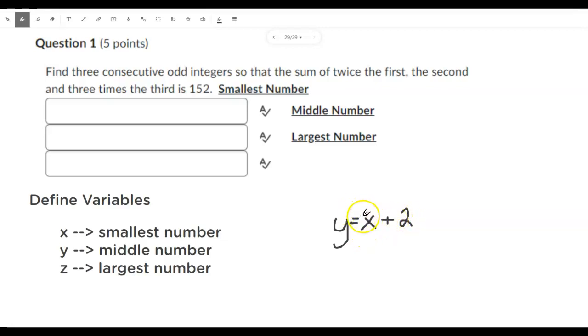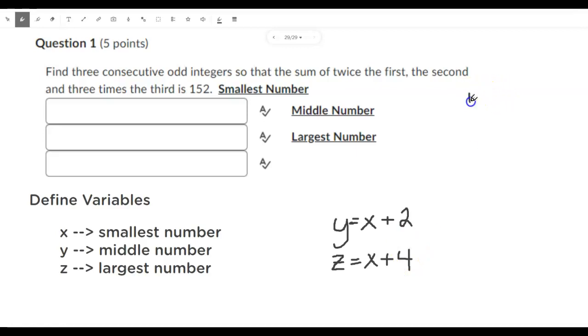So y has to be 2 larger than x, which means that z has to be 2 larger than y. But instead of doing that, I'm going to do the smallest number plus 4.